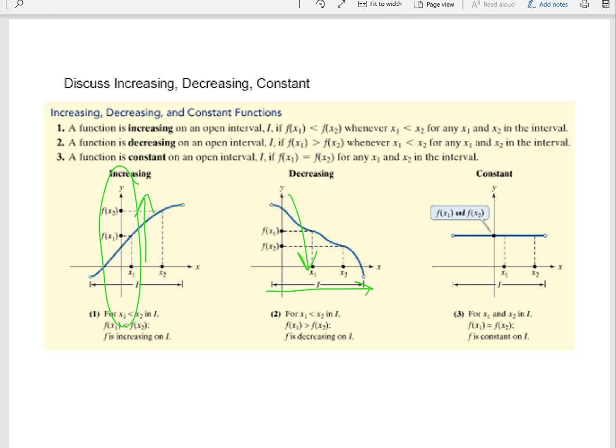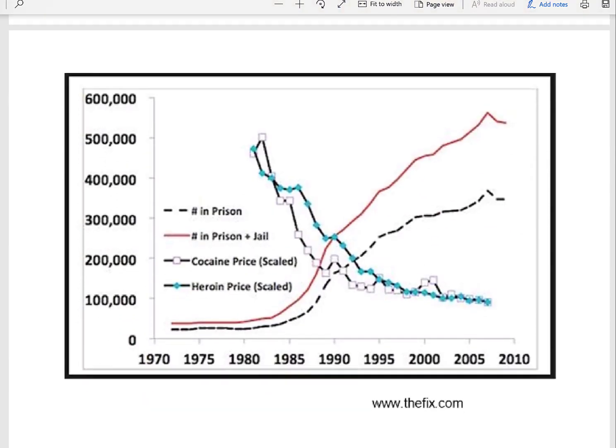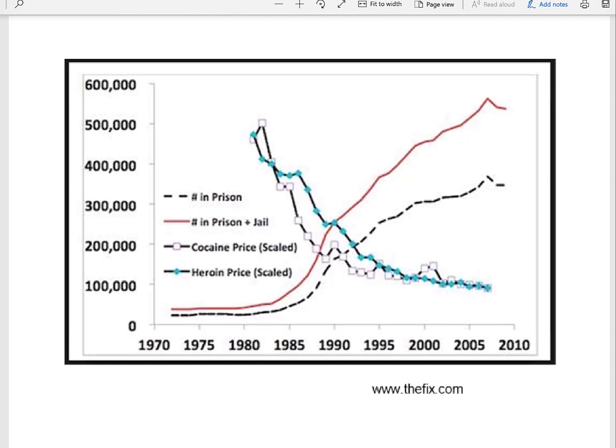And if there's no change at all, so I'm staying at the same y value, then it would be considered constant. Usually where I see issues with students answering these questions is they want to answer in terms of y. We'll see how, even though we're looking at the y going up and down, we answer the intervals in left to right.